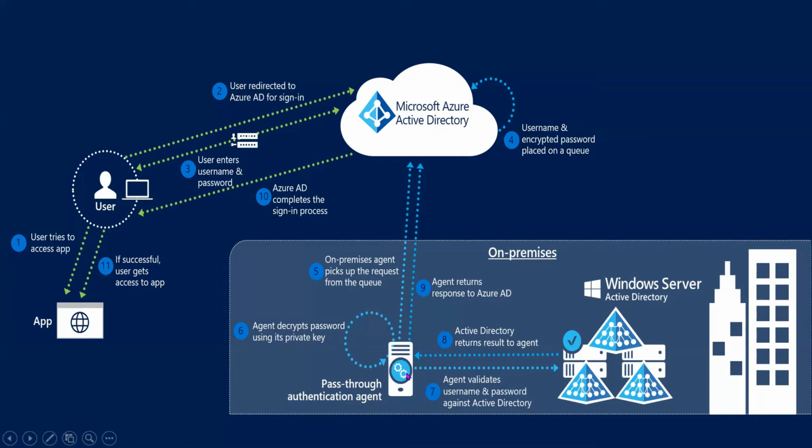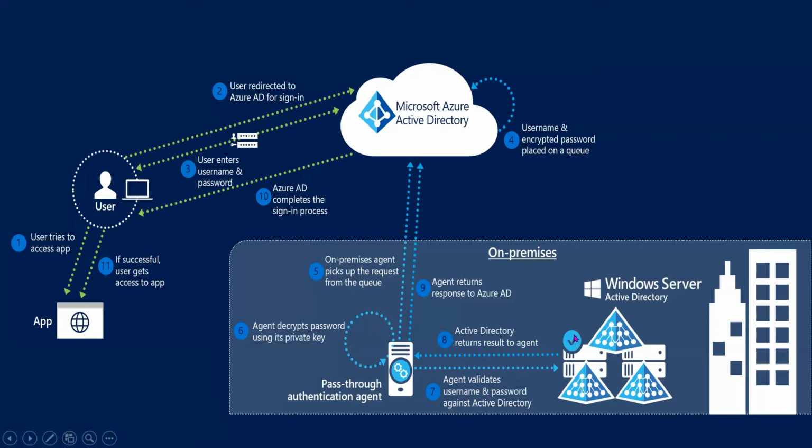On the seventh step, now the agent validates the username and password against Active Directory. So for validation, it is coming here to the on-premises Active Directory. Now it will validate whether the username and the password provided by the end customer or the employee are valid or not. So that validation is happening at the on-premises Active Directory level here.